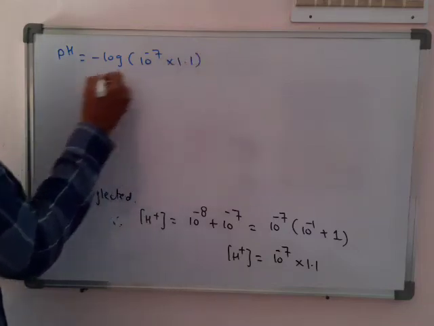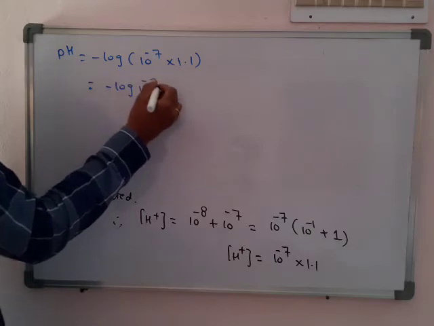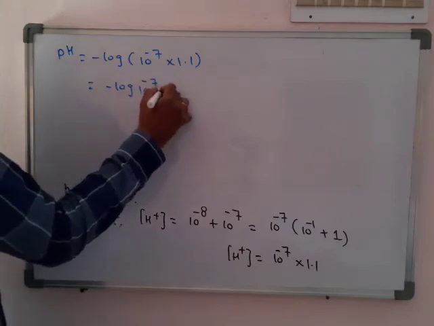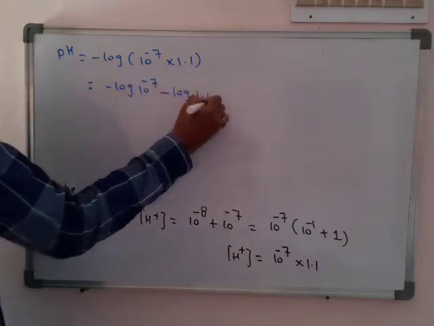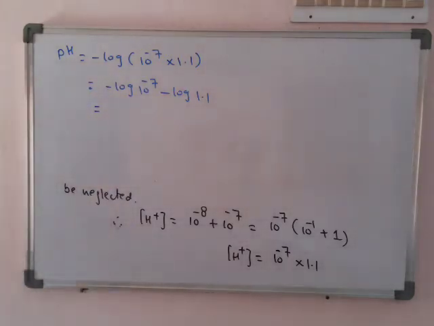Therefore pH equals minus log of 1.1 times 10 power minus 7. So here we have to get the log 1.1 value.